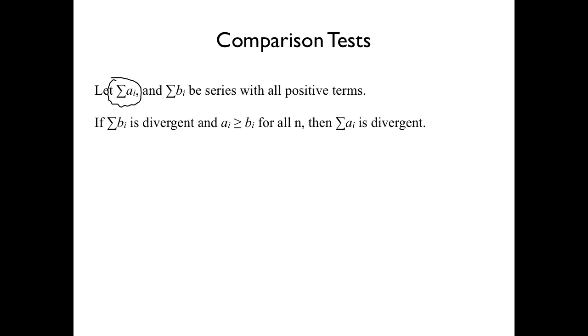If there's another series, say B_i, and it's divergent, and every one of the terms of the one we're analyzing is greater than the terms of the one we know is divergent, then the one we're analyzing is divergent.